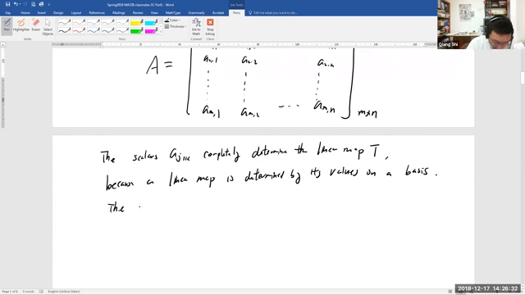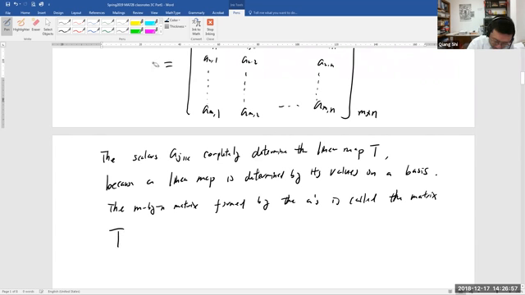So then this M by N matrix, all right, this one formed by all those A's, is called the matrix of T. Okay, it's a matrix of T with respect to the basis.